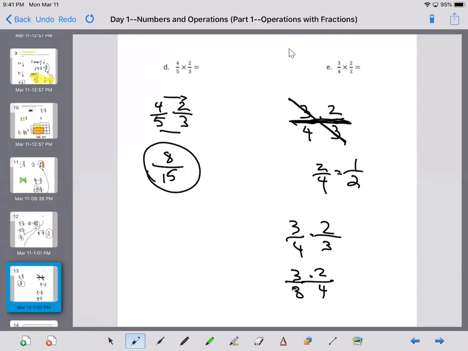Well, the 3 factors of 3 divide out, and then 2 actually divides 4 2 times. You're left with a 1 remainder in the numerator, so you're left with 1/2. So different ways that you can simplify your fractions. Most common algorithm is that you're multiplying the numerators and then you're multiplying the denominators, and then you're going to simplify.